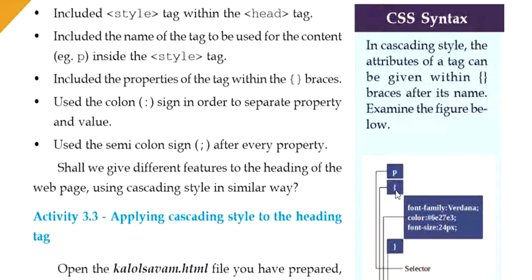Then inside the opening and closing brackets, we provide the attributes and values. Attribute means different formatting attributes like font family, color, font size, etc. And their values are provided after putting a colon. After writing the value, we have to put a semicolon. This step is repeated here.